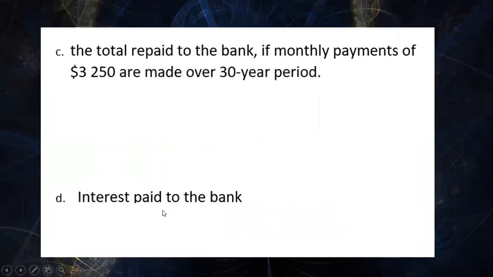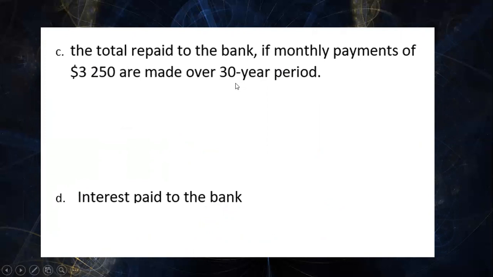Now then, the total questions, part C says the total repaid to the bank. We have to calculate if monthly payments are $3,250 and are made over a 30-year period. So $3,250 per month for 30 years. You have to find out how many months we're going to do it for.